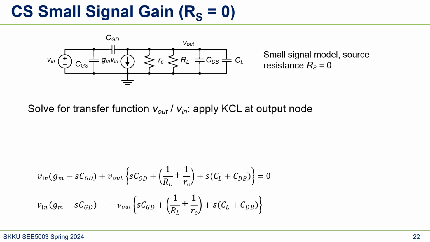So the first one, the current here: Vout minus Vin times sCGD. It's because we divide by 1 over sCGD, so we just multiply by sCGD here.